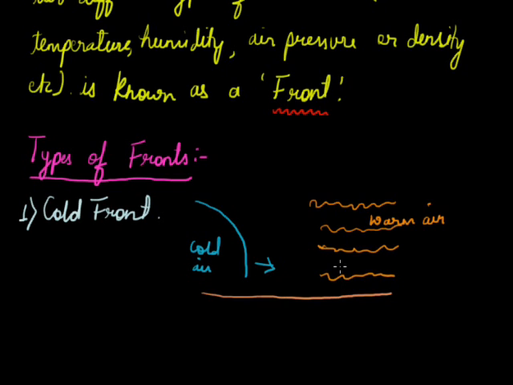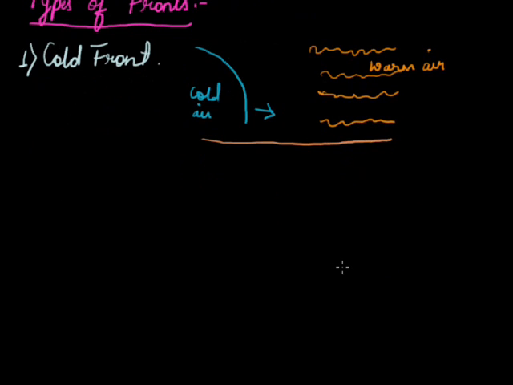pushing towards the warm air mass, what usually happens is that cold air, being dense and heavier, pushes the warm air upward in a slant, in a slope, and forces the warmer and lighter air mass to move to a higher altitude.